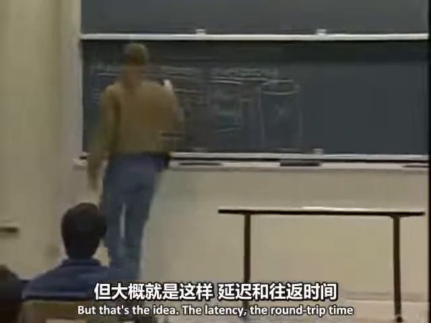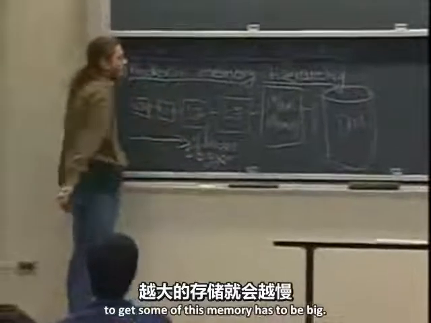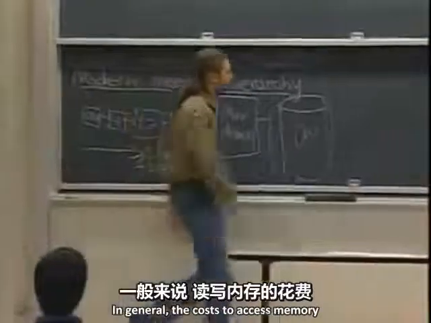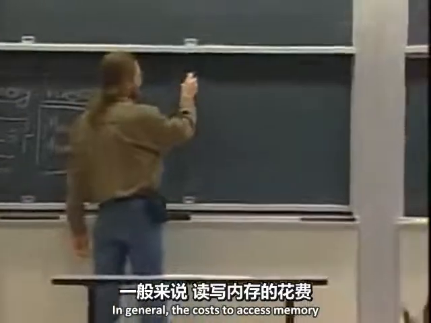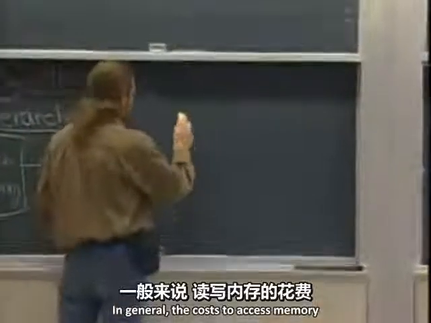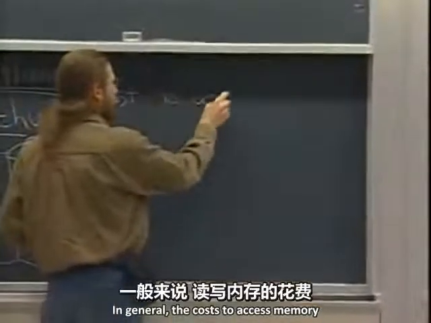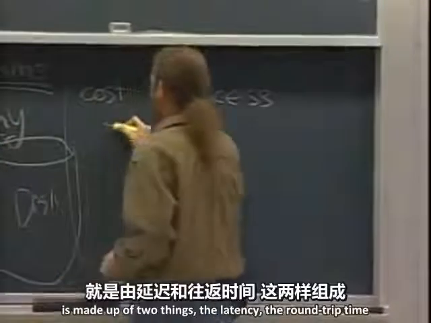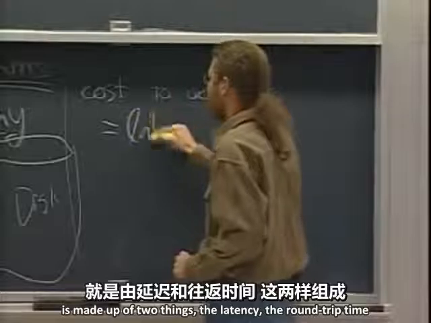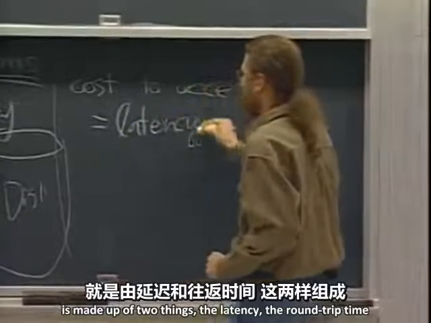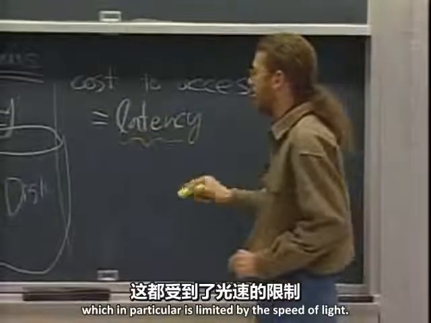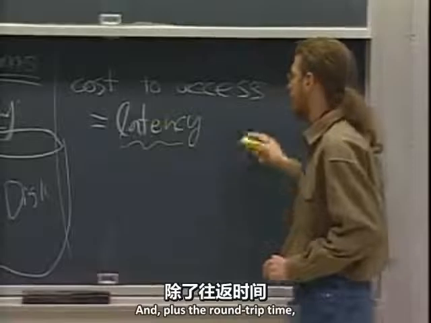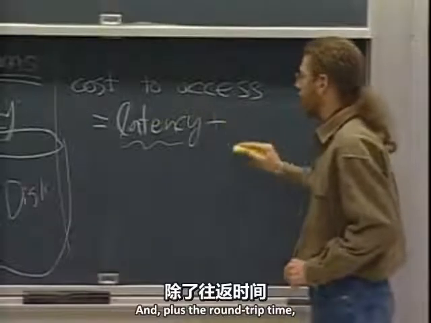The latency, the round trip time to get some of this memory, has to be big. In general, the cost to access memory is made up of two things. There's the latency, the round trip time, which in particular is limited by the speed of light, let's say.